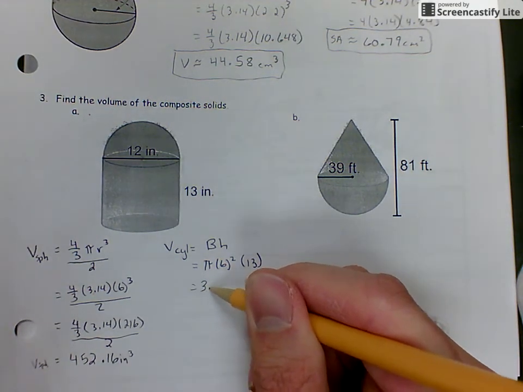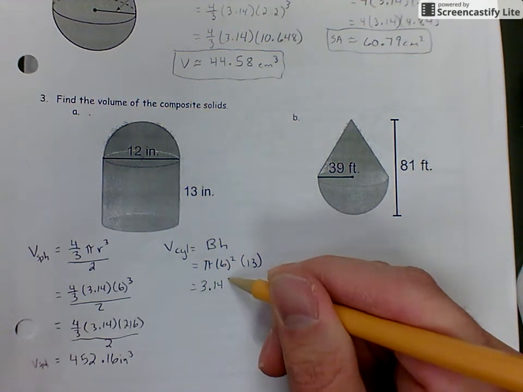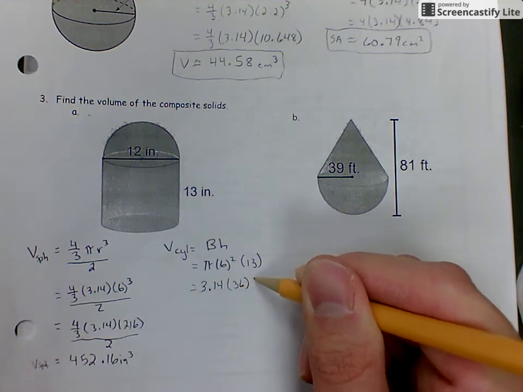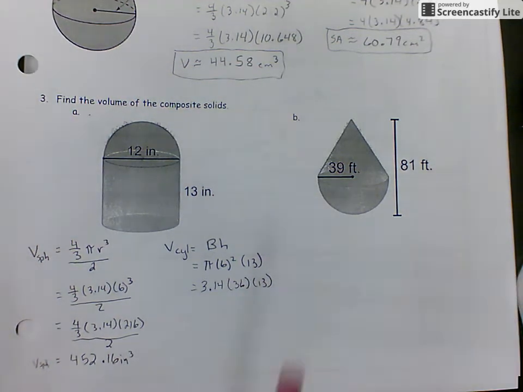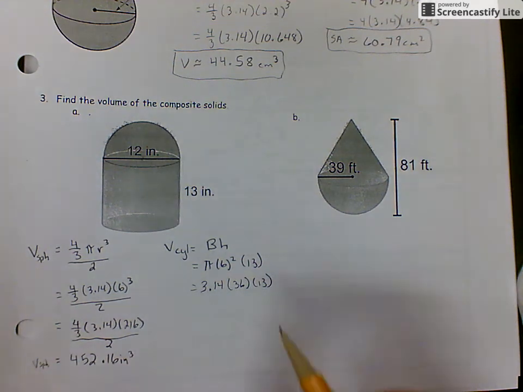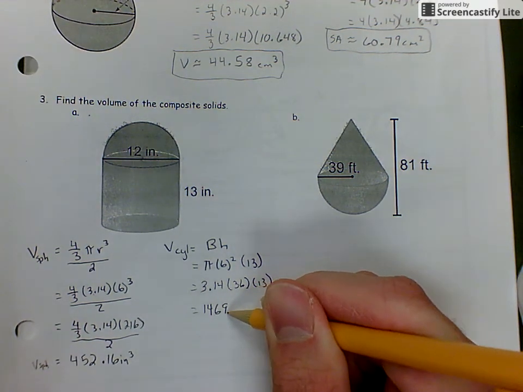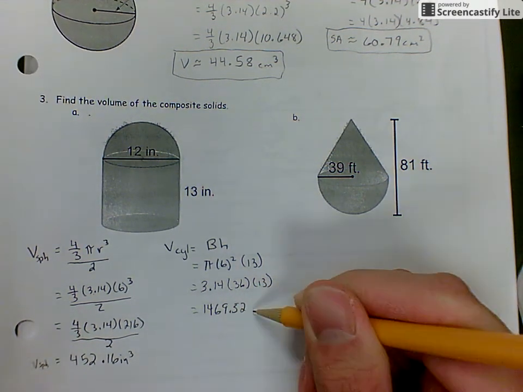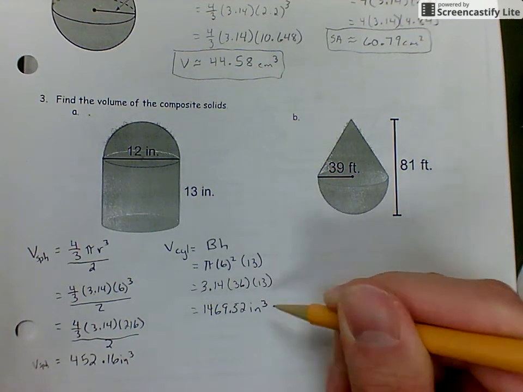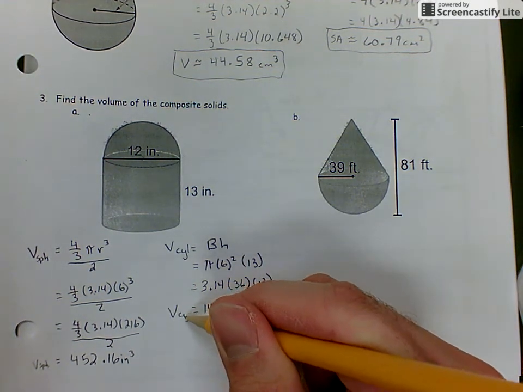Plugging my information in, 3.14 times 36 times 13. Take a calculator, plug that in, and you get an answer of 1,469.52 inches cubed for my volume of my cylinder.